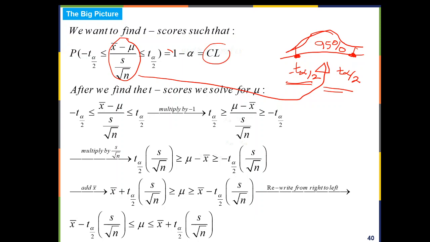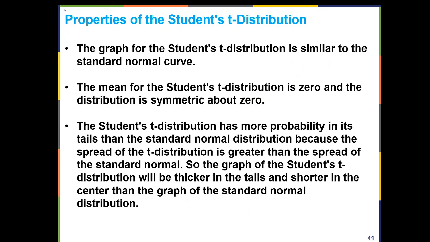So this is 0.95, and then we can isolate the mu in the middle just like we did before, and we end up with this formula here. Okay. All right. It's not that important to know that math.